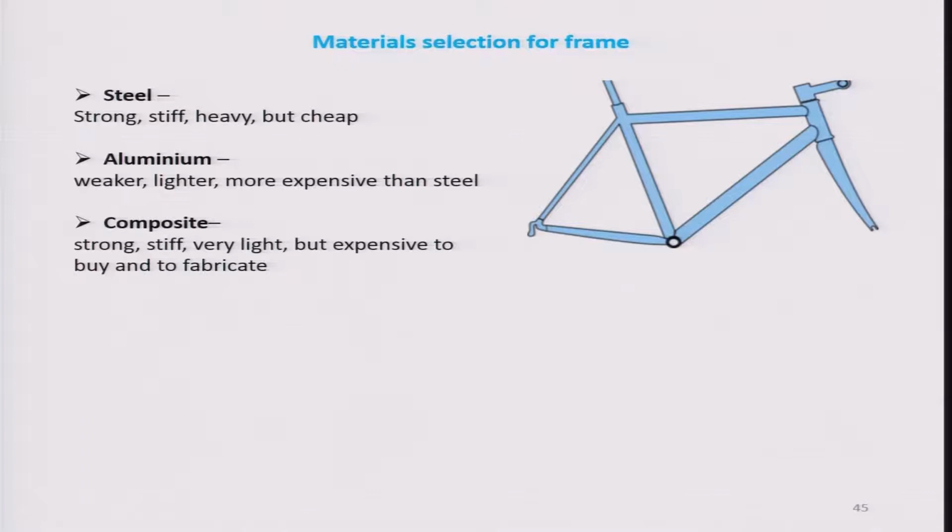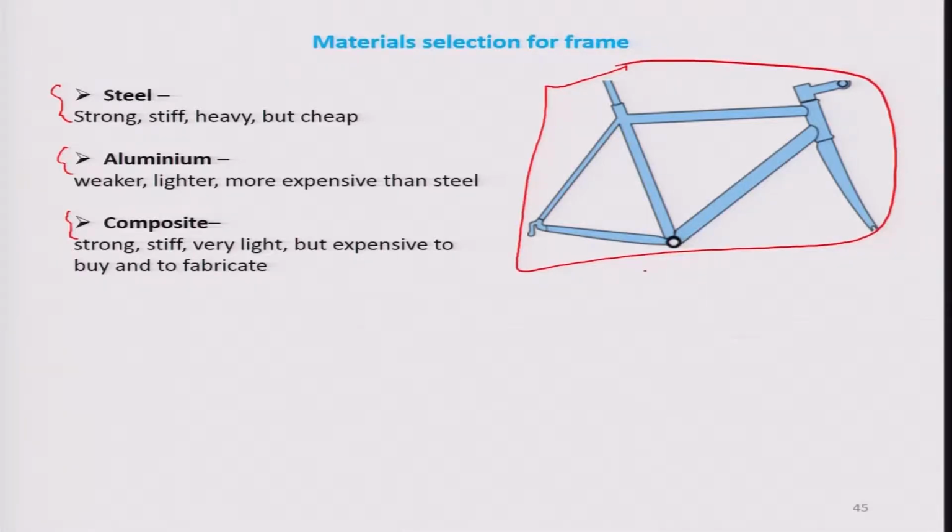For material selection for the frame, when you do initial screening, you will find that a variety of materials are used for fabrication of frames. The frame is not new, because a lot of companies already fabricate it using steel, aluminum, or composite, but in your particular problem you have to decide which material will be appropriate for your particular bike.